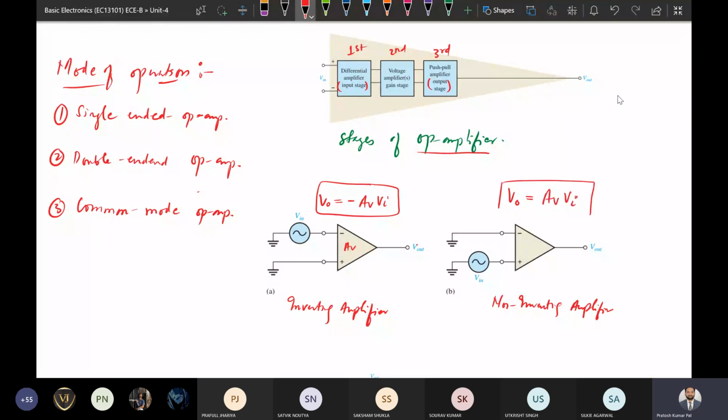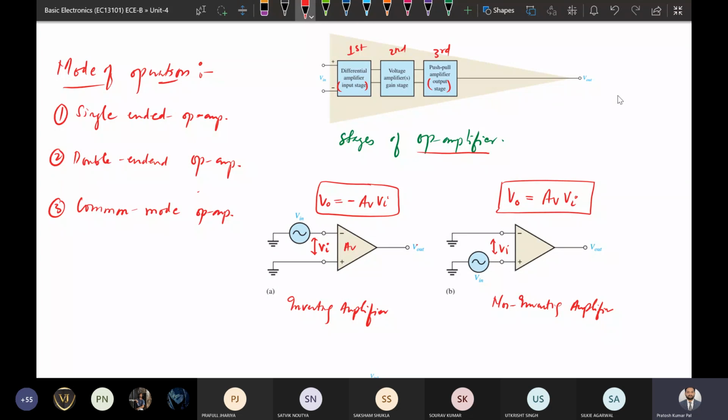One thing we can note here: this is one terminal, this is another one. The voltage difference between these two terminals is called the input here. So the input is not only the input that we are applying, it is the difference between these two input terminals. Here the input is represented by V input, the voltage difference between these two input terminals.